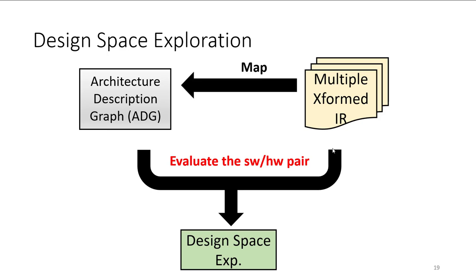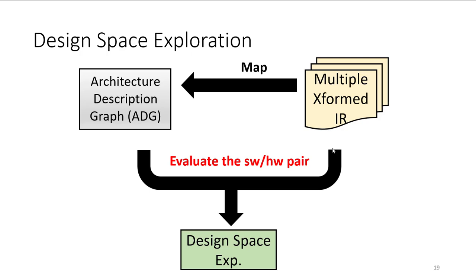This requires mapping the IR onto the ADG. Then it calculates the objective by considering the performance of the selected version and the area of the hardware. If the objective has improved, then we are more likely to keep the current ADG. Otherwise, we revert it back.